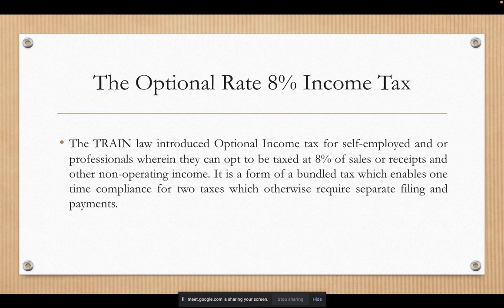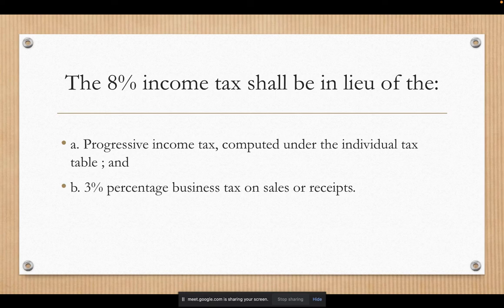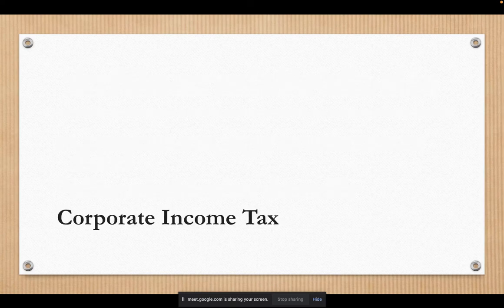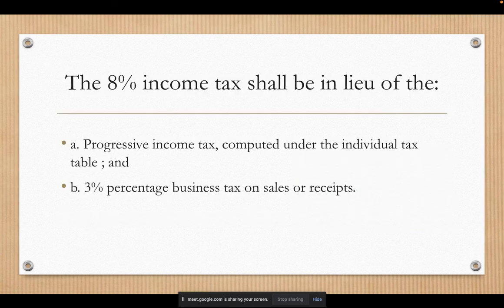It is a form of a bundled tax which enables one-time compliance for two taxes which otherwise require separate filing and payments. So that is the progressive income tax computed under the individual tax table or the 3% business tax on sales or receipts. This is in lieu, ha?